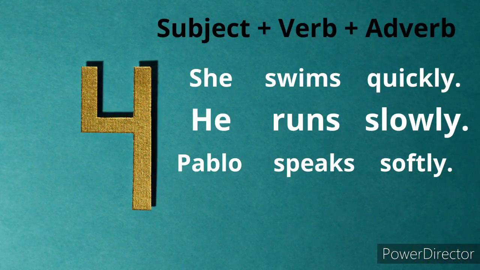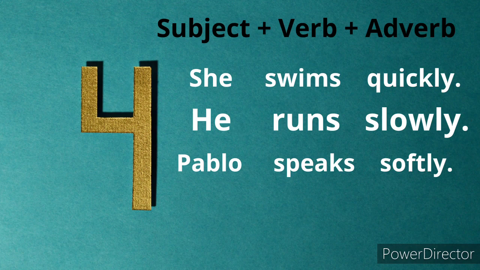She swims quickly. Let's focus on verb swims. So adverb is describing or talking about the verb, what is happening with the verb. For example, swims quickly. She swims quickly. Let's have a look at the next sentence, that is he runs slowly.